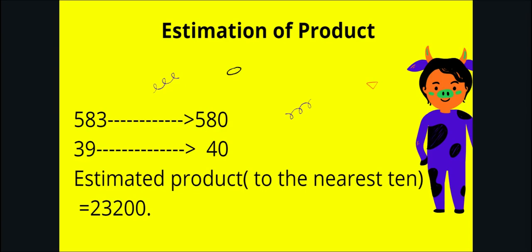The nearest 10 of 583 is 580 and the nearest 10 of 39 is 40. The product is 23,200, which is closer to the actual product, that is 22,737.